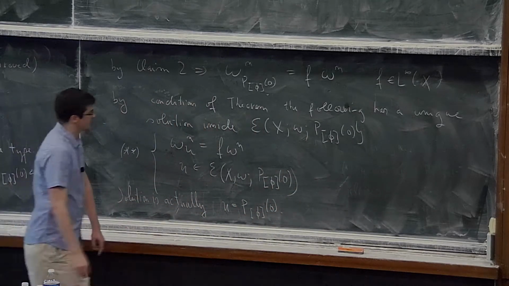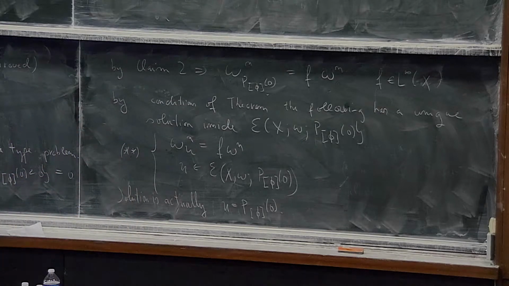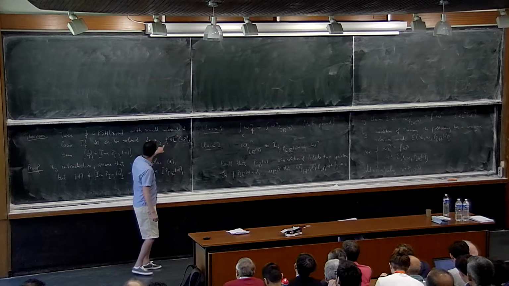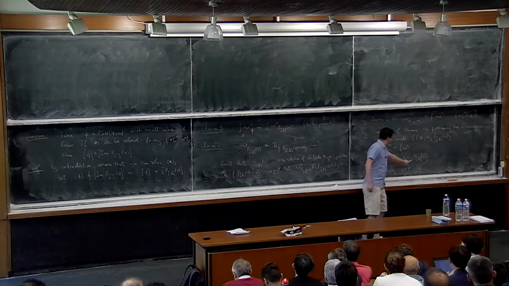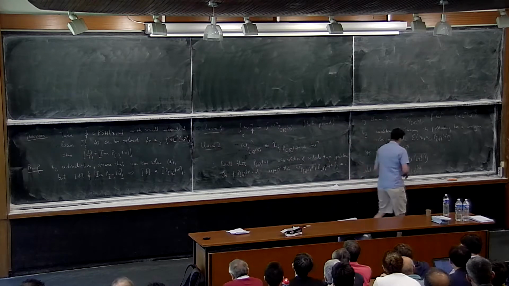Now, the whole point was that I supposed that I can solve the same equation with phi here instead of this P of phi. So let's write this down. We'll see that it's a contradiction.